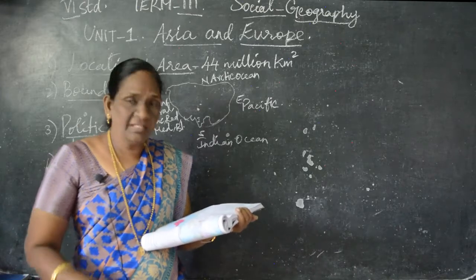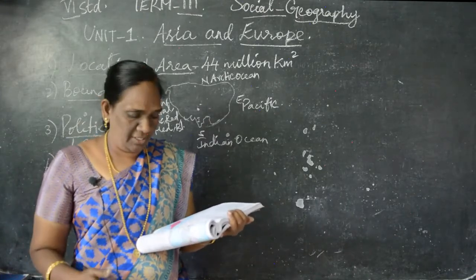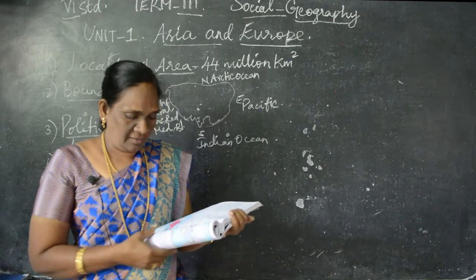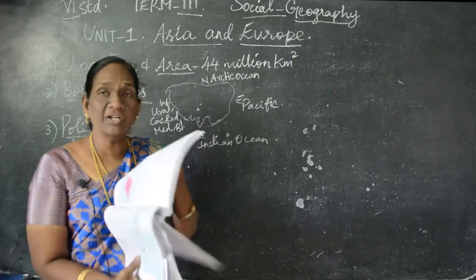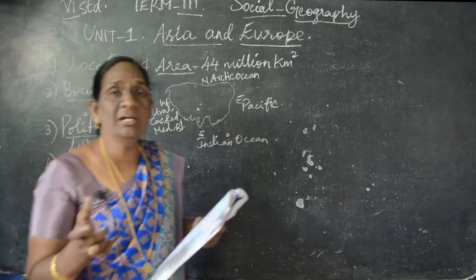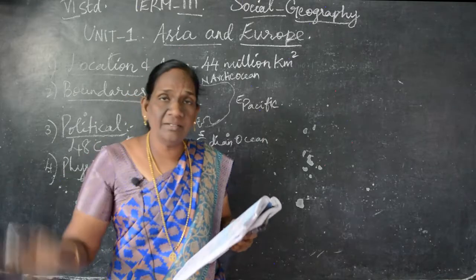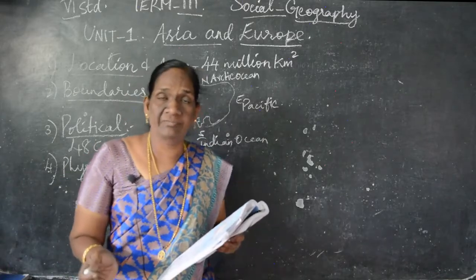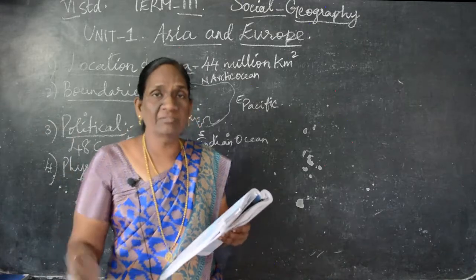Understand? And these diverse physical features encourage the people of the continent to be involved in diversified economic activities. So diverse means differences. Because of all the land differences, the physical differences and the economic differences, the people have different activities.